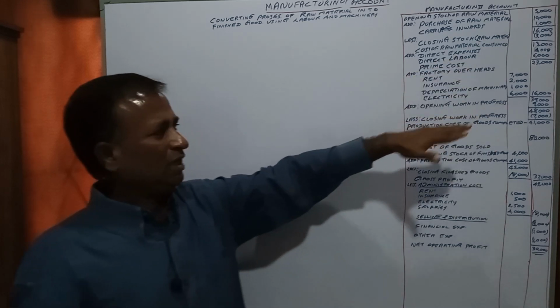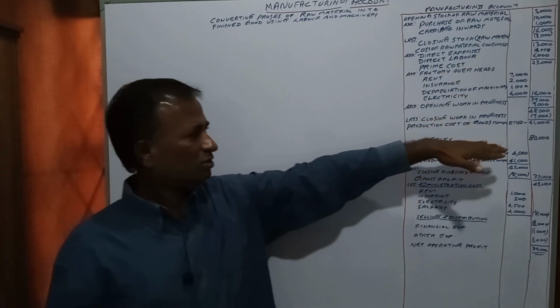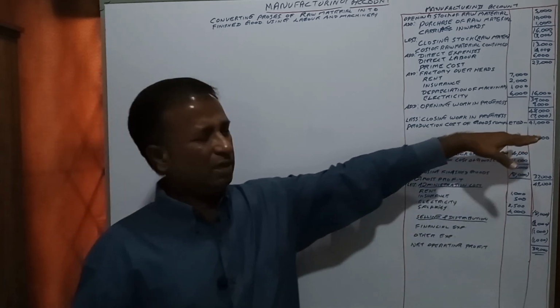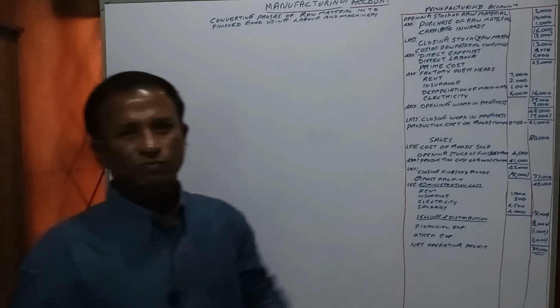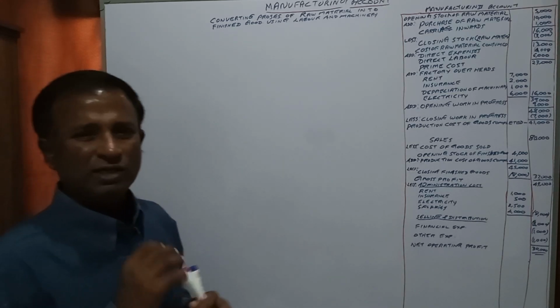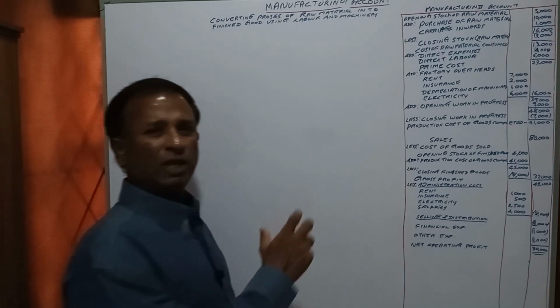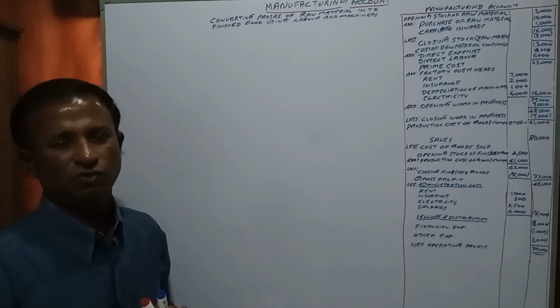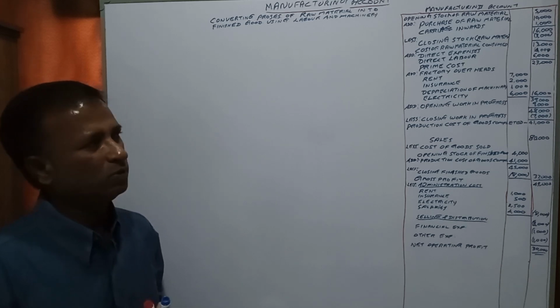If you arrive at the production cost, only then can you come to a conclusion about what margin you have to fix for that product and what selling price you can fix for that particular product, right?